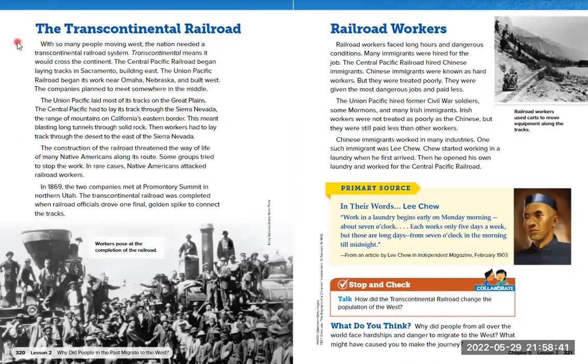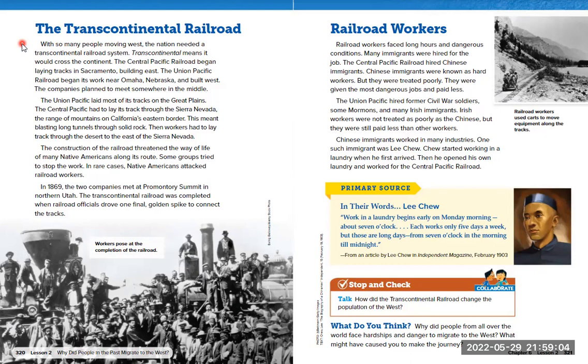The Transcontinental Railroad. With so many people moving west, the nation needed a transcontinental railroad system. Transcontinental means it would cross the continent. The Central Pacific Railroad began laying tracks in Sacramento, building east. The Union Pacific Railroad began its work near Omaha, Nebraska, and built west.